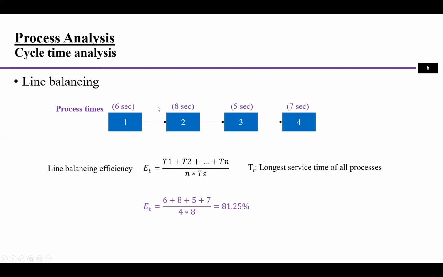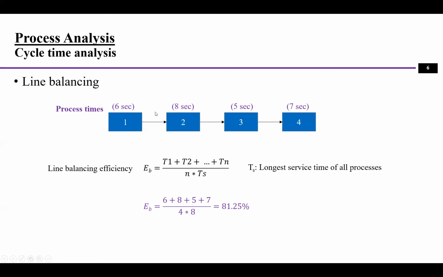Then after 6 or 7 seconds, there's a repositioning time, and there will be a part here, but step 2 has not finished the prior task yet because it takes about 8 seconds to finish its part. So there will be 2 seconds of waiting time here.